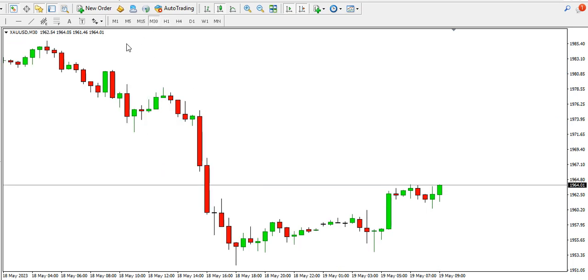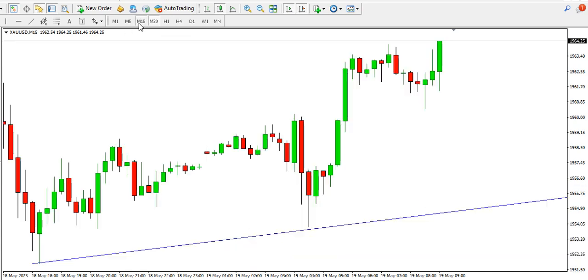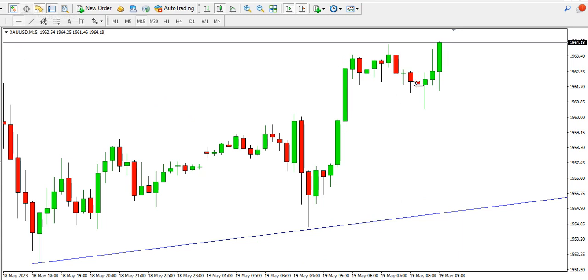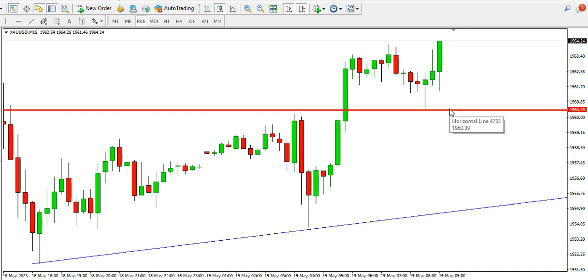On the 30 minutes time frame, just buy for now. Look at the ascending trend line being formed, and we already have a break of structure. This particular structure has been broken. Look for buying opportunities. You might want to place your stop loss when buying somewhere around here, 1960.